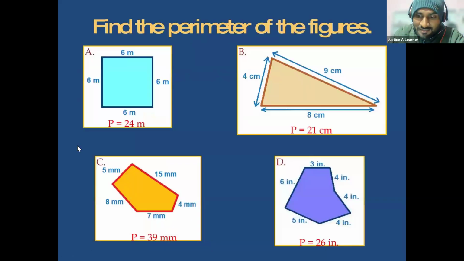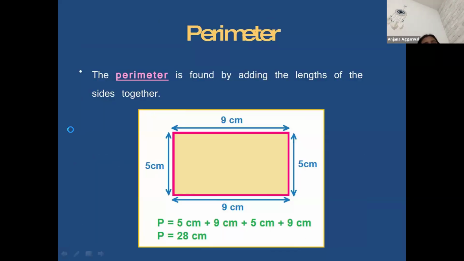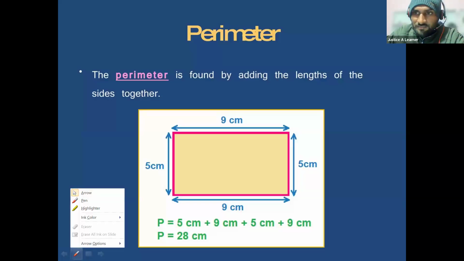This is 5 plus 9 is 14, and then 14 times two is 28. This observation comes from very basic addition. So 5 plus 9 is equal to 14, and 2 times 14 is equal to 28. Did you understand that? That observation goes to the formula, and we'll be talking about it in coming slides.